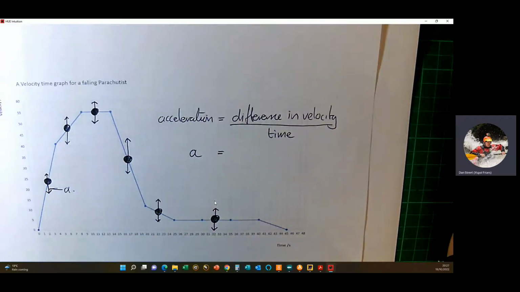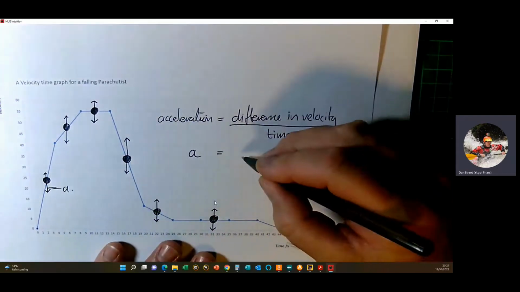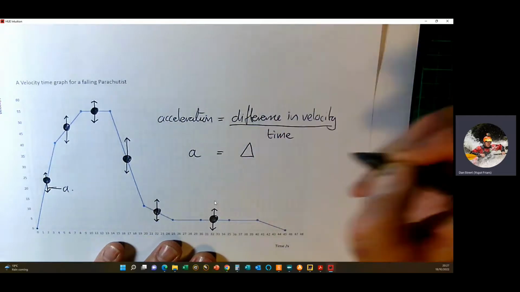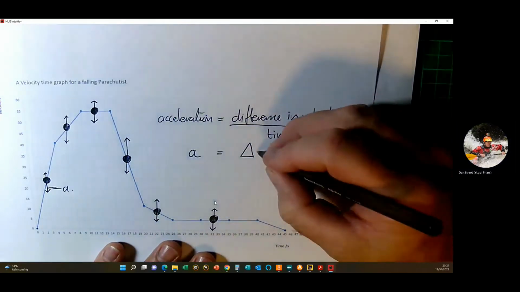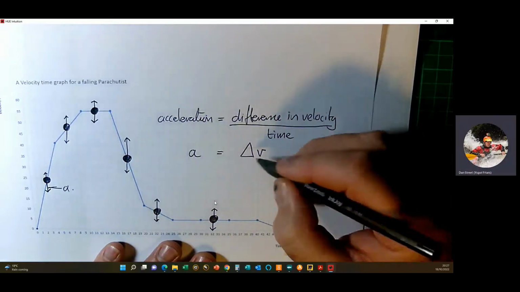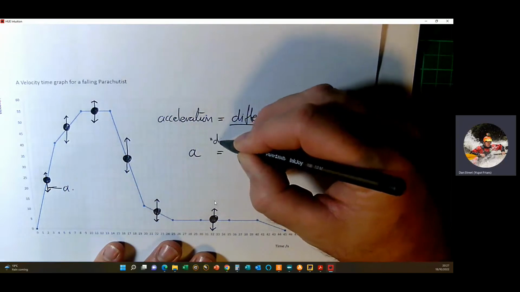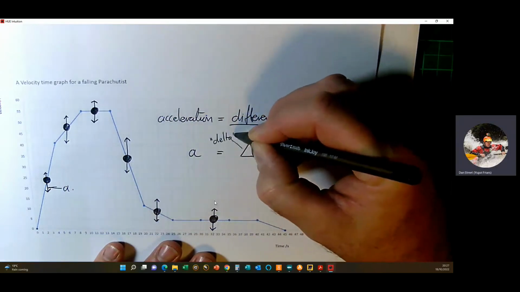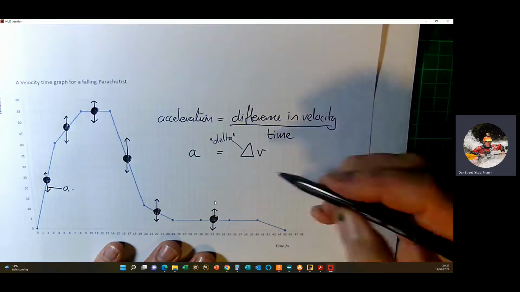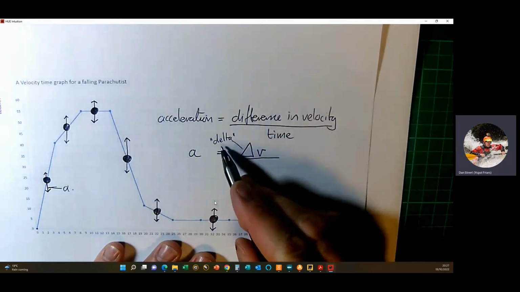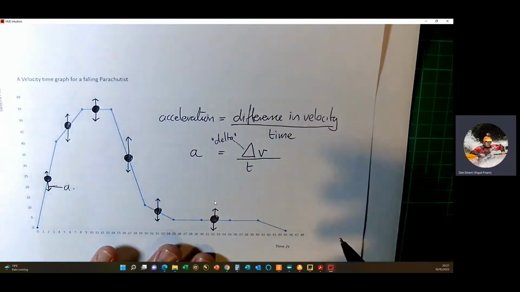Now, v is a good letter to use for velocity, and you may have come across in maths or other aspects of physics that we often use a triangle, which is pronounced delta, and a v for velocity. So delta means change in maths and in physics, and then v obviously means velocity, and then a little t for time. Okay, so delta v is the change in velocity.